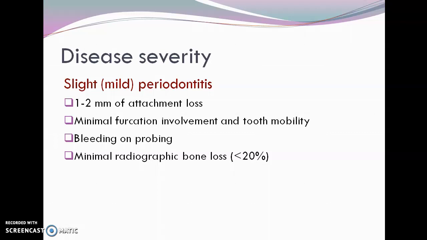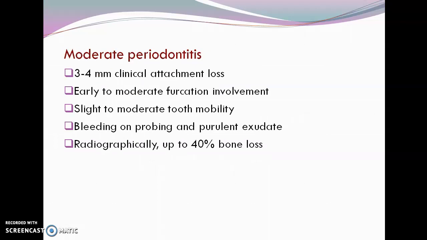Mild periodontitis, also called slight periodontitis, has attachment loss of about 1 to 2 mm, with minimal furcation involvement and tooth mobility, bleeding on probing, and minimal radiographic changes. In moderate periodontitis, attachment loss is about 3 to 4 mm, with early to moderate furcation involvement, slight to moderate tooth mobility, bleeding on probing, and purulent exudate, and radiographically the bone loss is up to 40%.